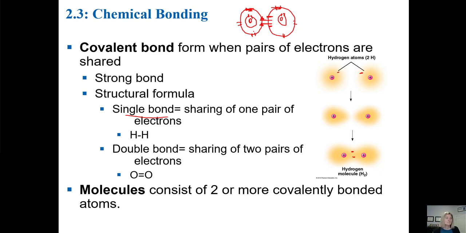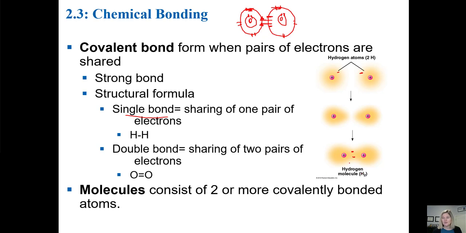Okay. Now, in this case, this is known as a compound because it's in fixed ratio, but it's also known as a molecule. So molecules are 2 or more covalently bonded atoms. So this is a molecule of oxygen gas, or O2. This is a molecule of hydrogen gas, okay, or H2.